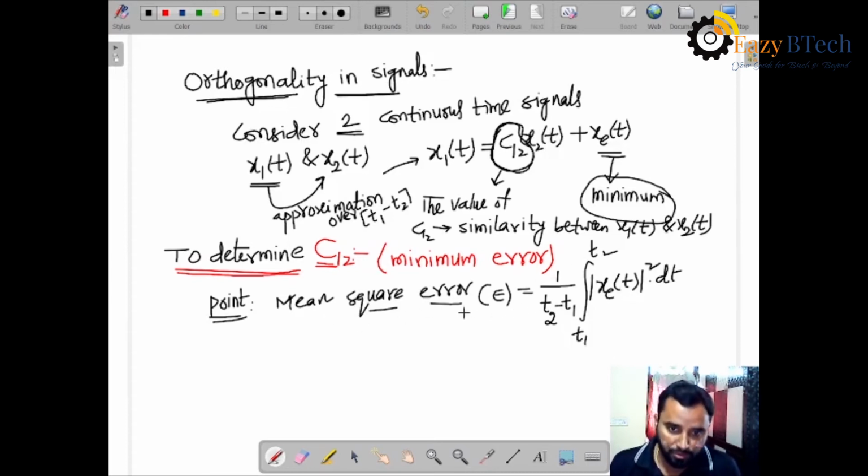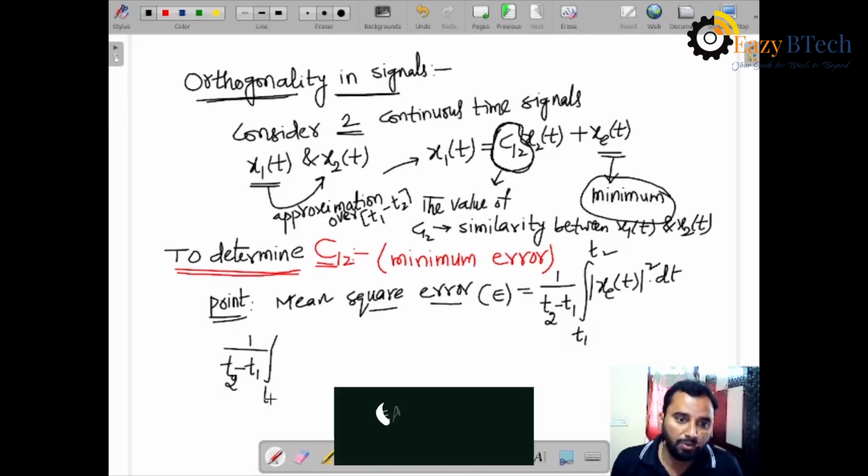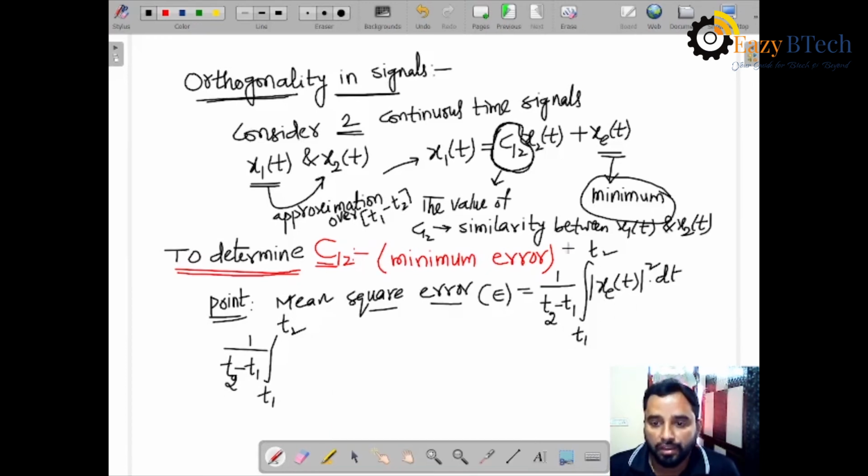So here I am going to write this mean square error: 1 by T2 minus T1 integral T1 to T2. Here xe means error. So this xe we can write as x1 of t minus c12 into x2 of t, right or not? By this approximation, xe is equal to x1 of t minus c12 x2 of t.